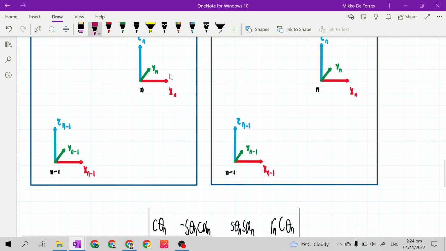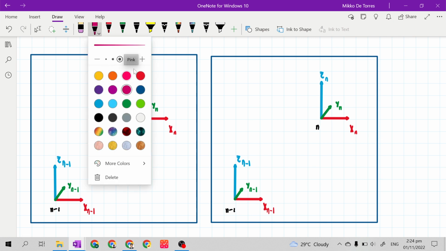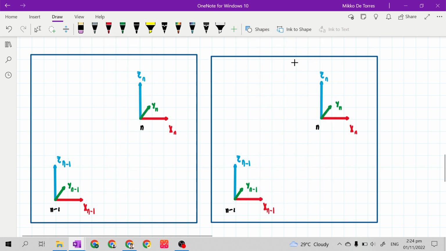So D is the distance between the two origins of frame n minus 1 and frame n.